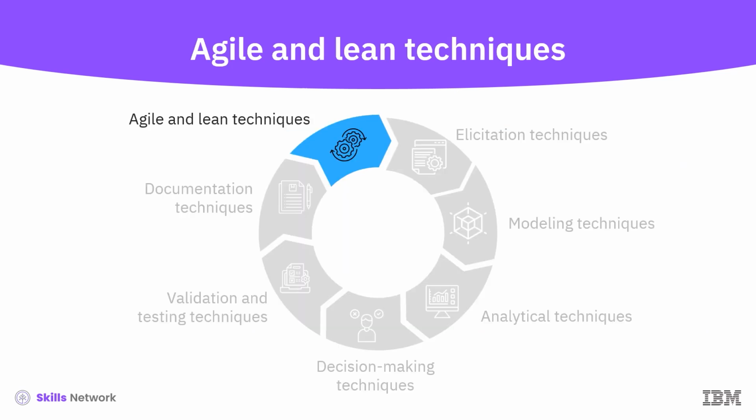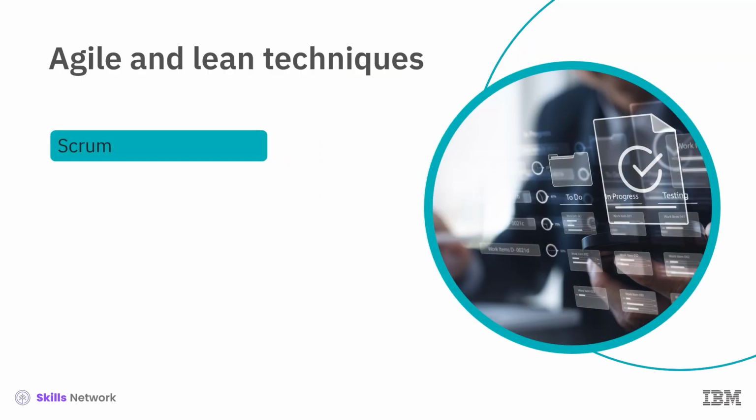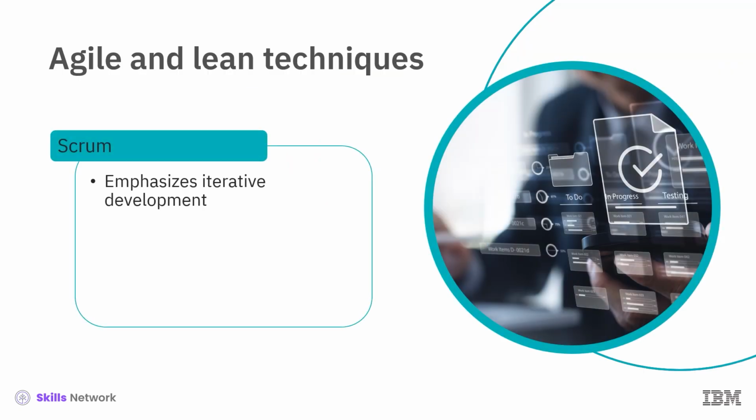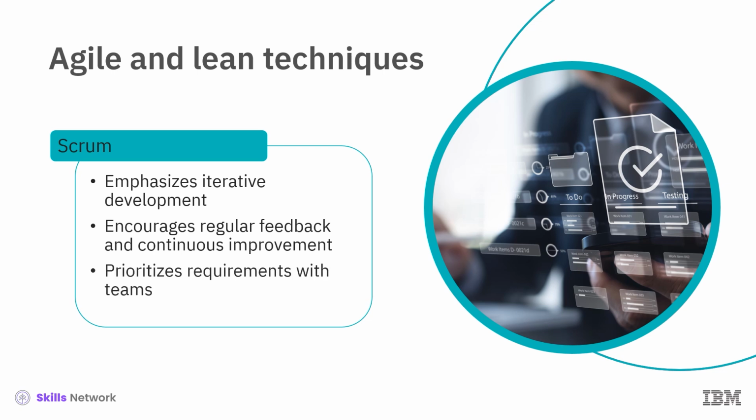Finally, in environments requiring flexibility and rapid adaptation, Agile and Lean methodologies are increasingly valuable. Scrum is an agile framework that emphasizes iterative development, regular feedback, and continuous improvement. Business analysts work closely with development teams and stakeholders to clarify and prioritize requirements.